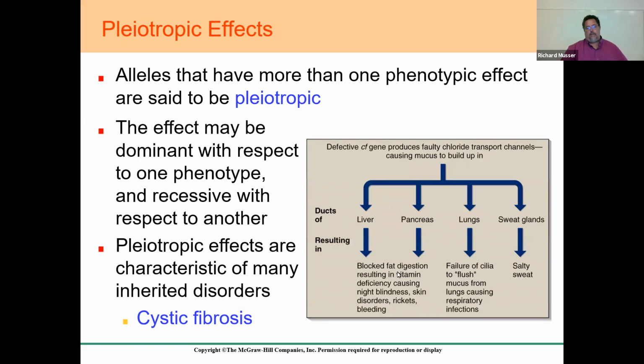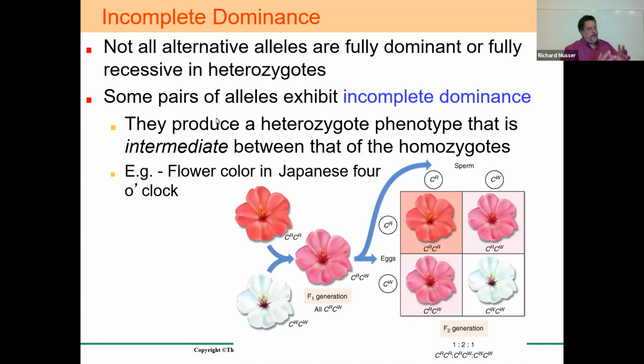The liver gets blocked and their fat digestion is affected, vitamin deficiency, night blindness. All these nasty things happen with cystic fibrosis. And again, it's a mutation affecting the ability to make the fluids that are being expelled outside the cell more watery.